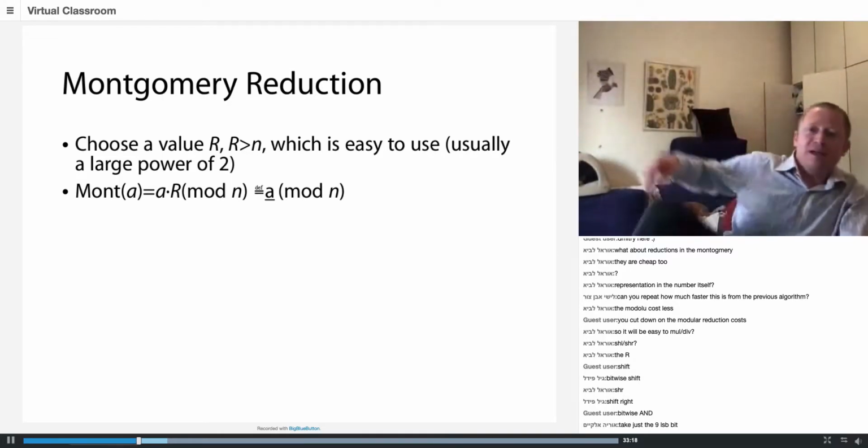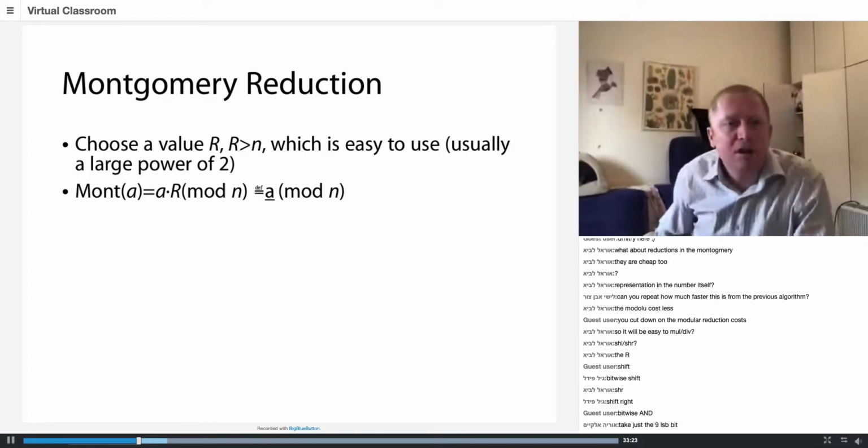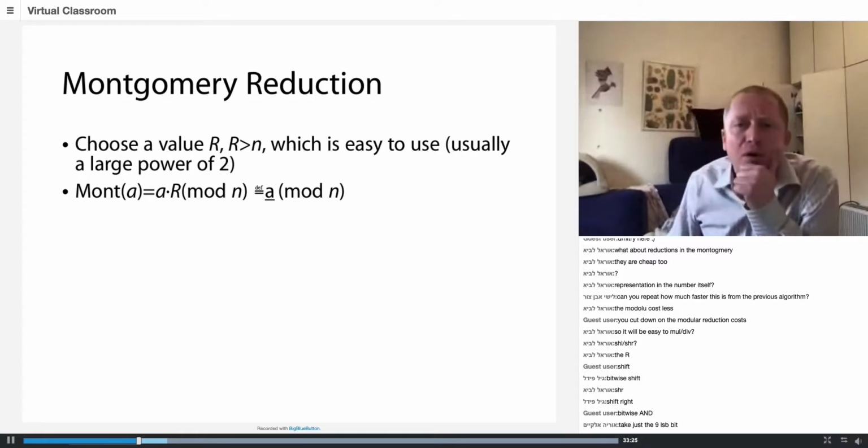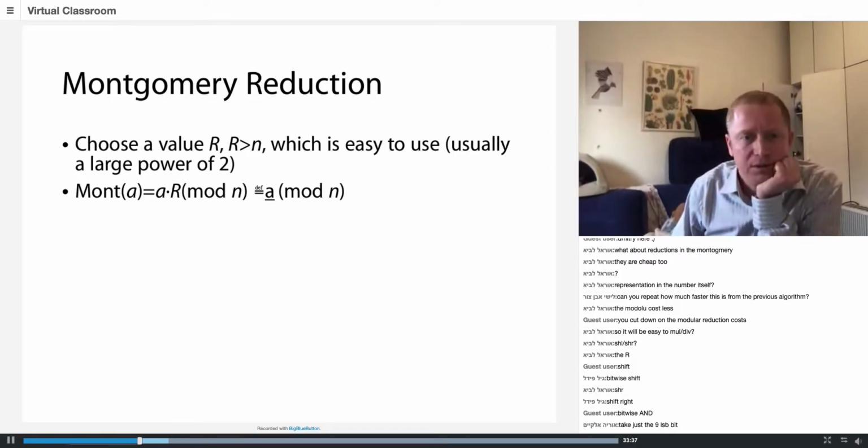I'm claiming that A times R is also a member of the multiplicative group. Why can I claim that? Does anybody have an idea? Why is A times R inside the group? Why didn't I run away from the group by doing this?